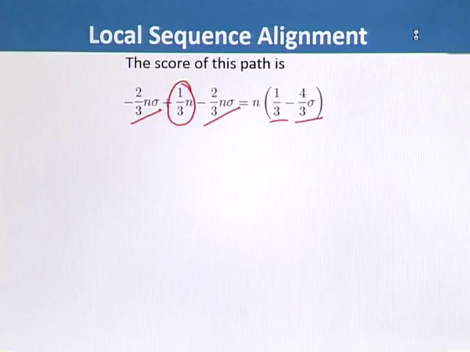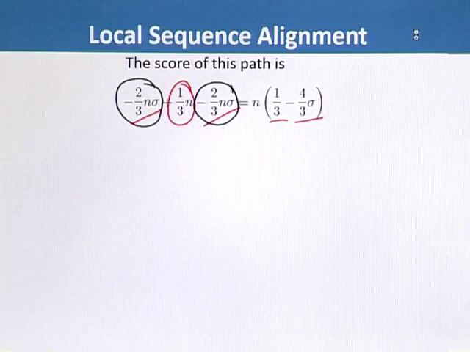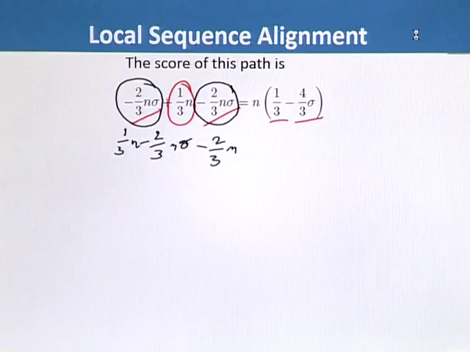So we will prove how it comes to be. We know that these two values, minus 2/3 n sigma and minus 2/3 n sigma, are common in this equation. So we will write these two and rearrange the equation as 1/3 n minus 2/3 n sigma minus 2/3 n sigma.